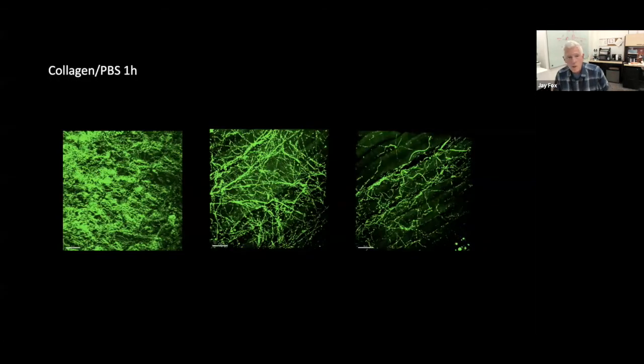So to this end, we turn to second harmonic generation. Basically, it's a multi-photon, in this case two-photon, technique where you illuminate the sample with two photons, and by virtue of the structure of the molecules, in this case fibrillar collagen, you get a signal out of it at double the energy of the original photons.